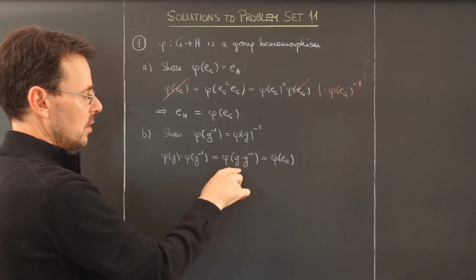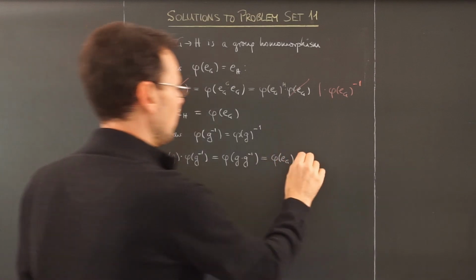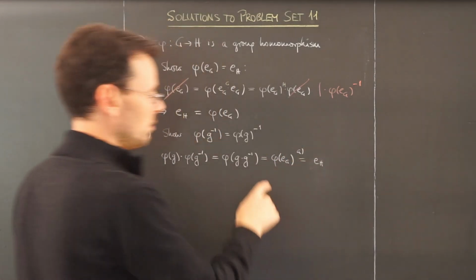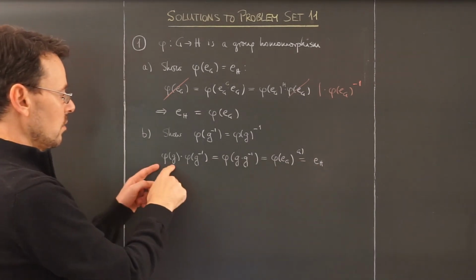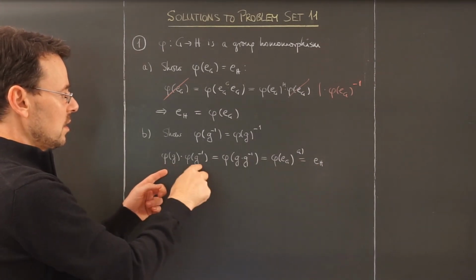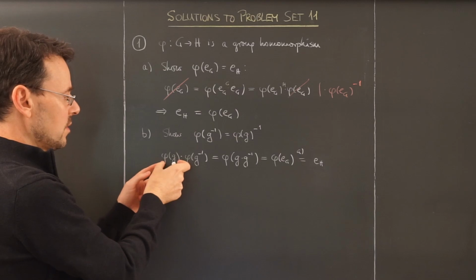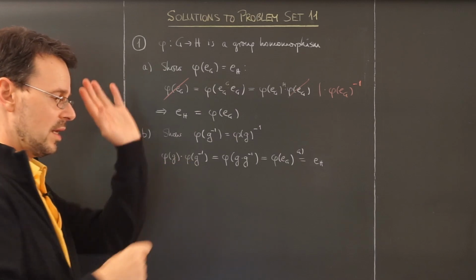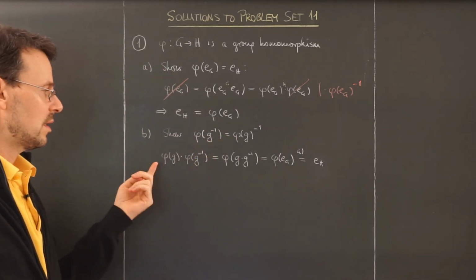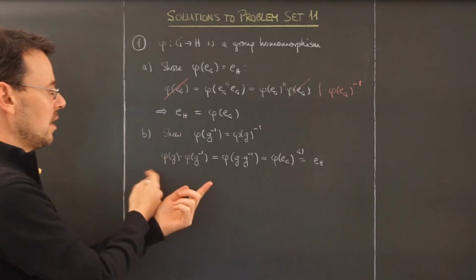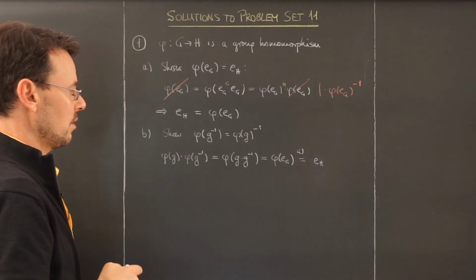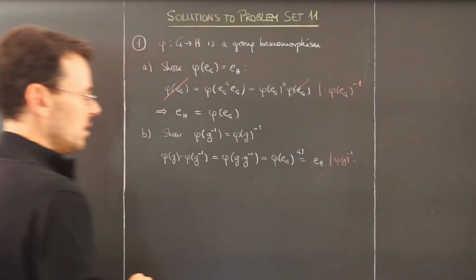Now this here gives me the neutral element of G, but we just showed that this here is the neutral element of H. So this indeed means that this here is a right inverse to this, and as we've shown long before, this automatically means that it's also a left inverse. Or you could also write down this here in the other direction. Maybe this is the best way.